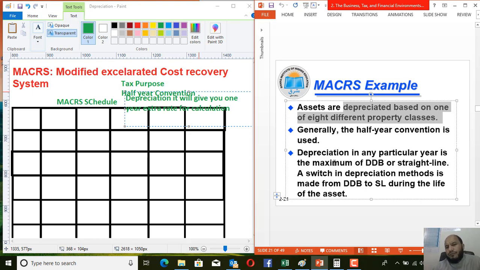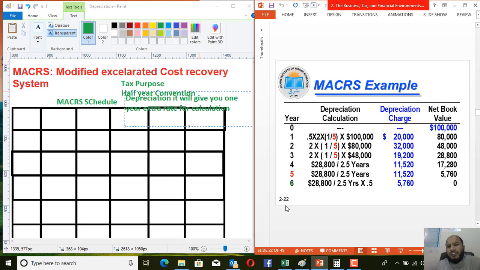MACRS gives you already developed rates, and through these rates you can calculate the depreciation upon the assets. If you see over here, you have a 5 years property, and their depreciation rate is clear.